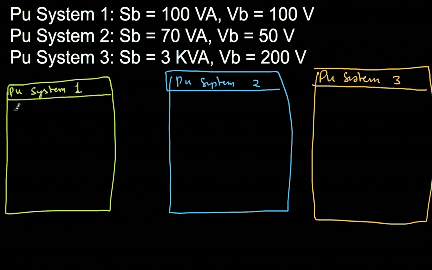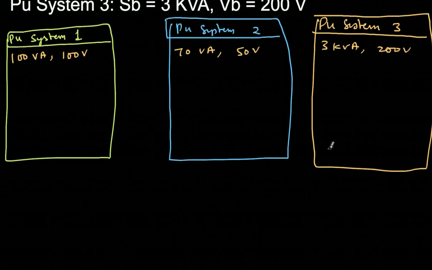So this is 100 volt ampere and 100 volts. This is 70 volt amperes and 50 volts, and this is 3 kilovolt amperes and 200 volts. I'm just copying whatever I had written before.